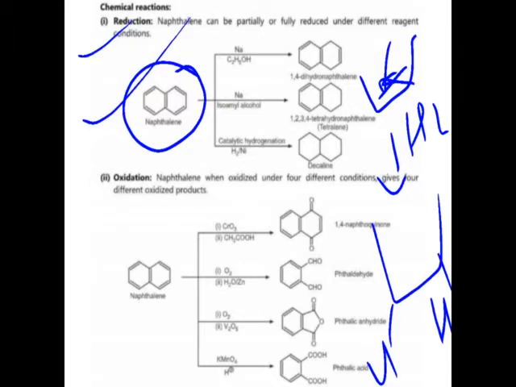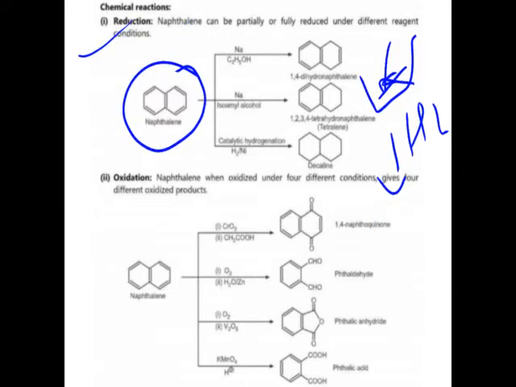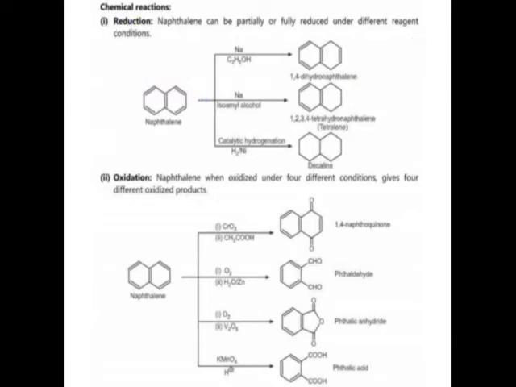That means it consists of a double bonded structure, and if a double bonded structure is present, hydrogen can be added. And what do we call hydrogen addition? It is called a reduction reaction. Okay, so the first reaction of naphthalene is the reduction reaction.